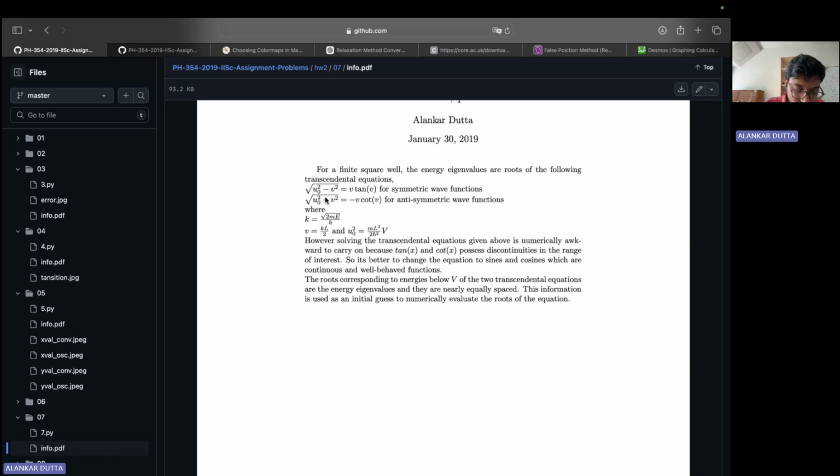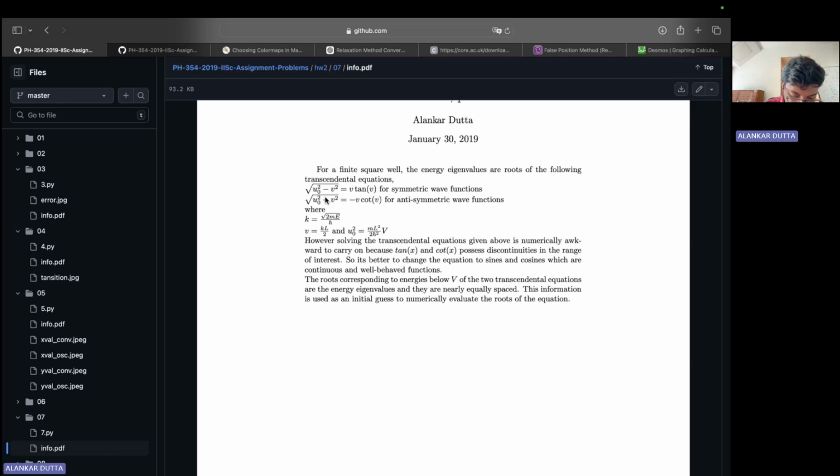The second one, we have u naught square minus v square is equal to v square cot square v. So you have again u naught square is equal to v square times 1 plus cot square v, which is u naught square is equal to v square cosec square v.